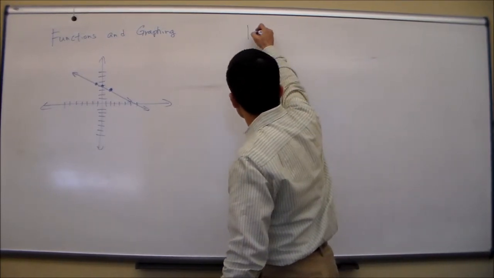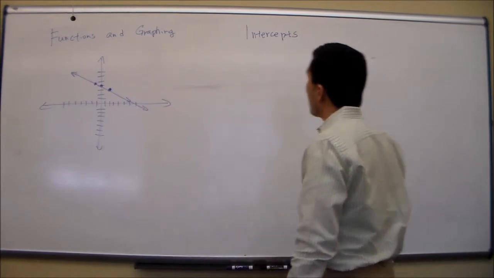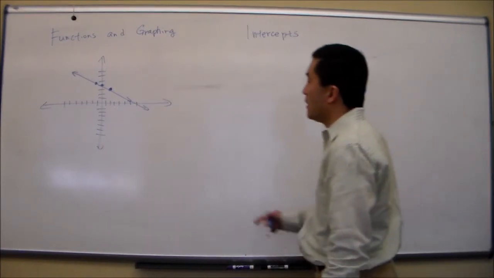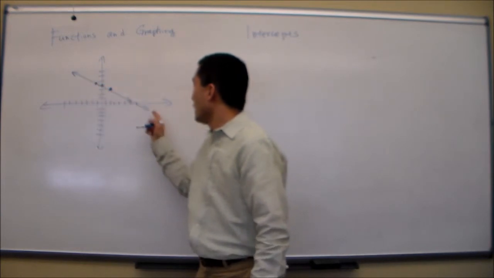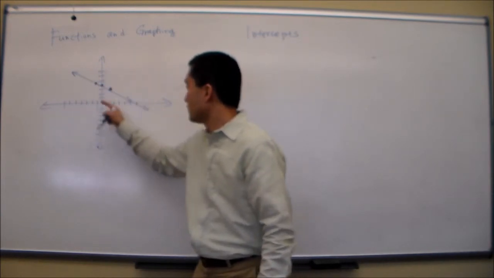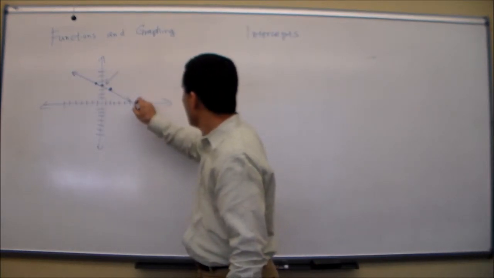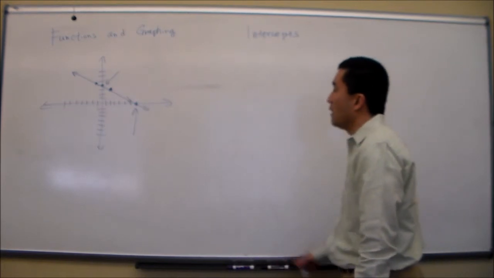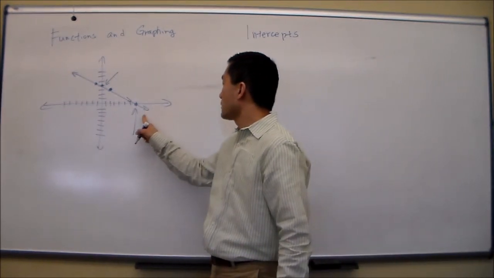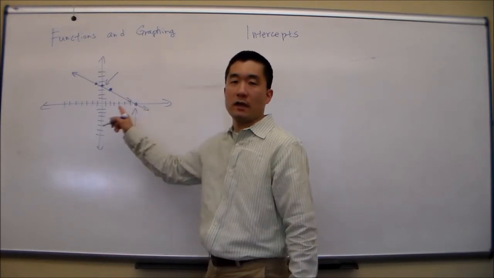A key concept in graphing is the intercepts. What are the intercepts? Well, it's the point where the graph intercepts the axis. So that's an intercept here. Somewhere over here, that's an intercept. This one is called the x-intercept because that's the point where the line crosses the x-axis.